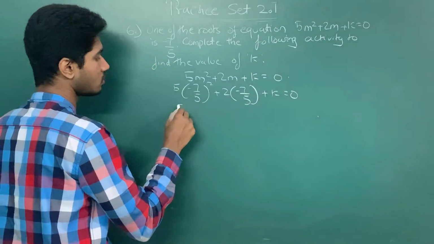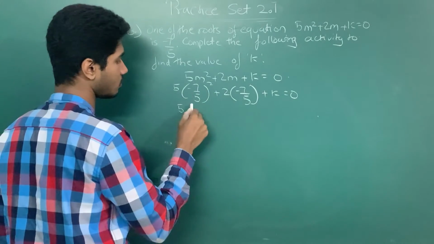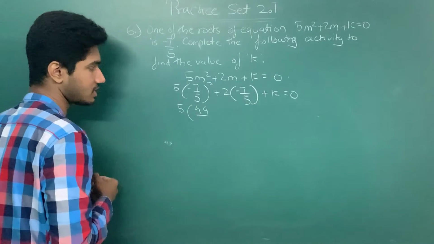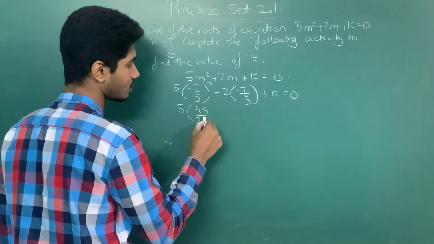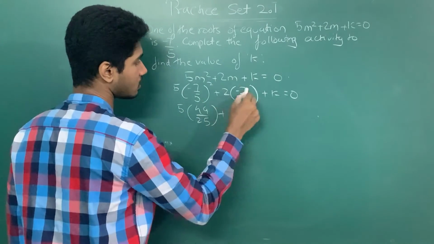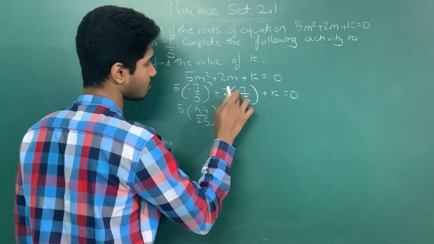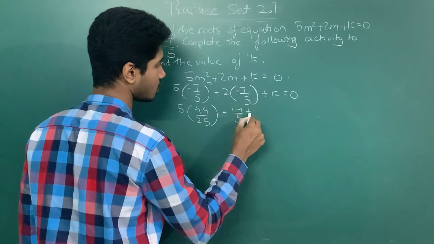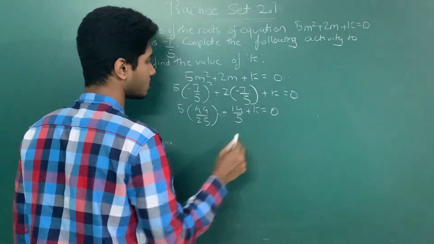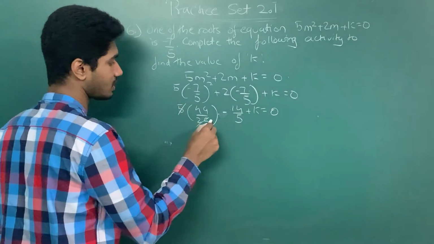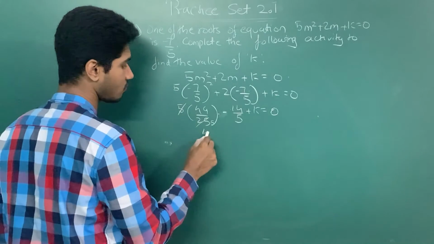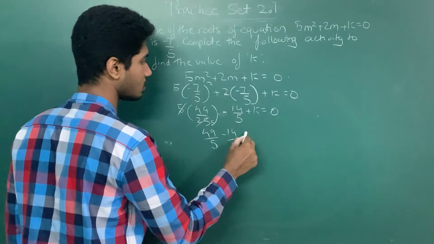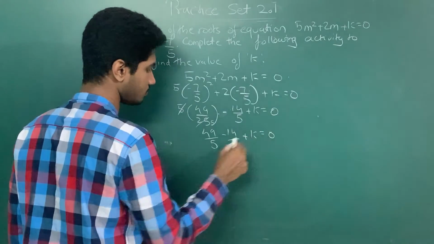Now first we'll square it. We'll get 49, -7 into -7 will give you 49. 5 square is 25. Plus into minus will give you minus 2 7s are 14/5 plus k equal to 0. Now here this and this will get cancelled and you get 5. So you get 49/5 minus 14/5 plus k equal to 0.